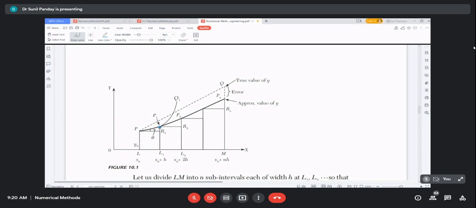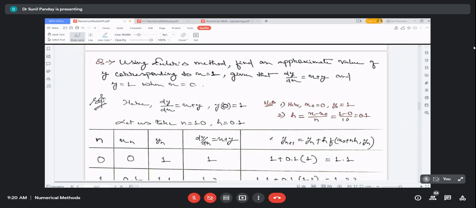Then again from this y1 we draw the tangent and it intersects at the point y2. So these are the errors we are neglecting at each and every step. This is the way we go for each and every step in Euler's method.